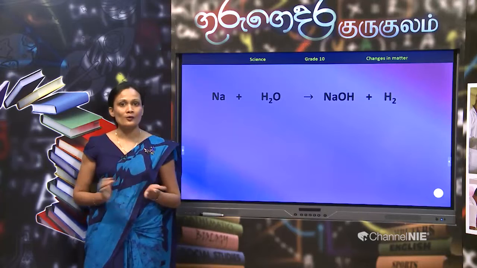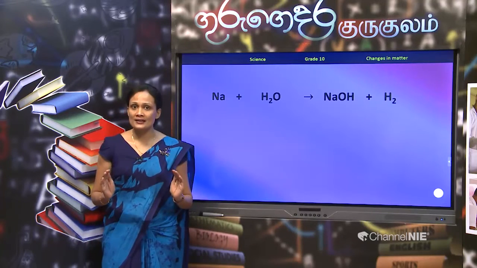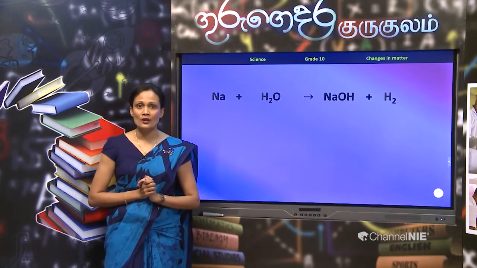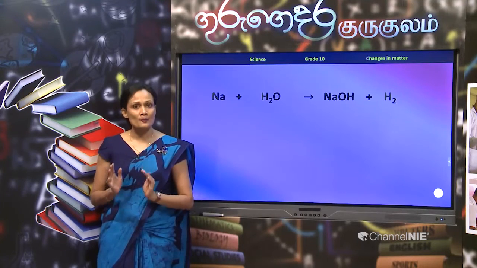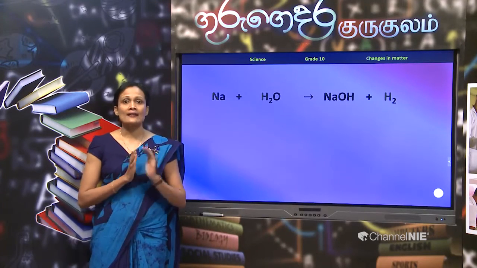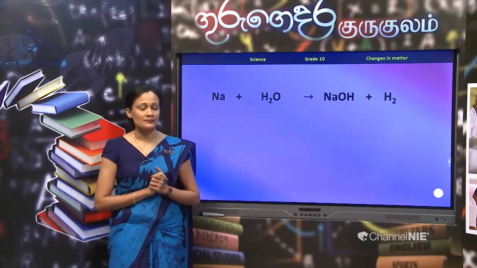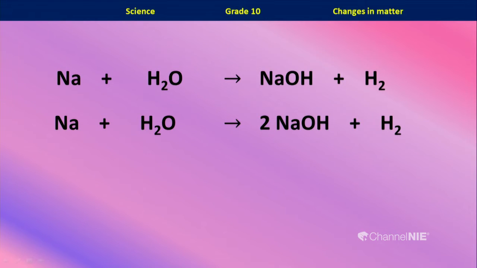So you know about that. So how to balance the chemical equation? We need to balance the number of atoms of the reactants and the products. Here one sodium atom, and on the other side also one sodium atom. That's why sodium atoms are balanced. Then look at this one.